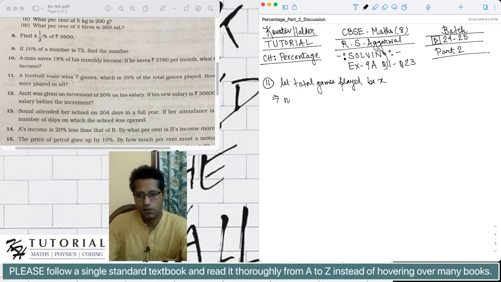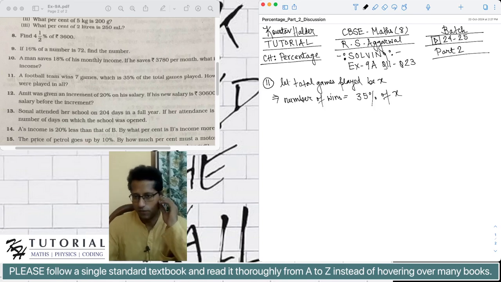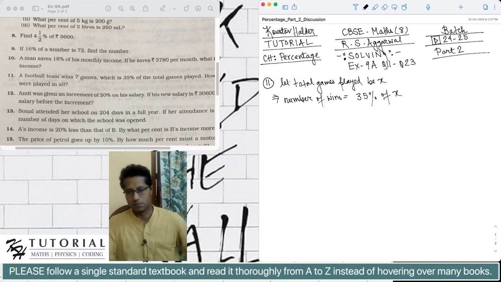This implies the number of wins is 35% of x, where we have assumed the total games played is x.